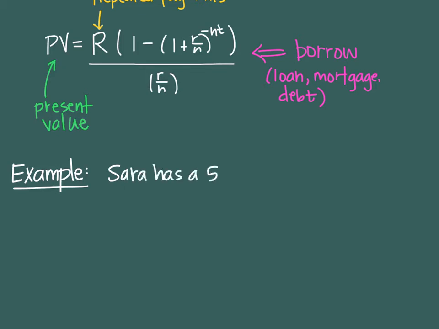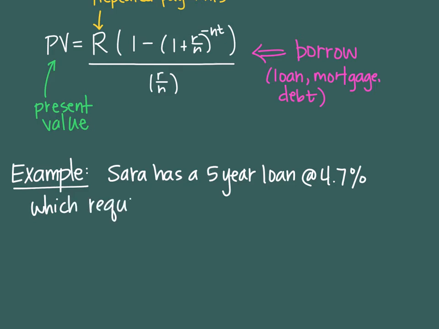Sarah has a 5-year loan at 4.7%, which requires her to pay $815.37 monthly.